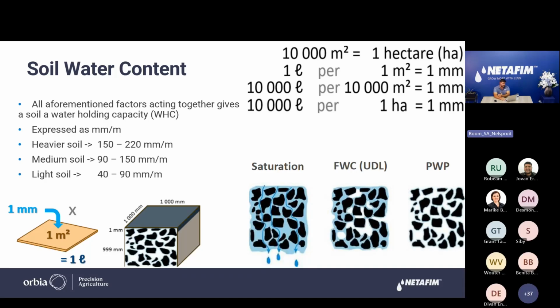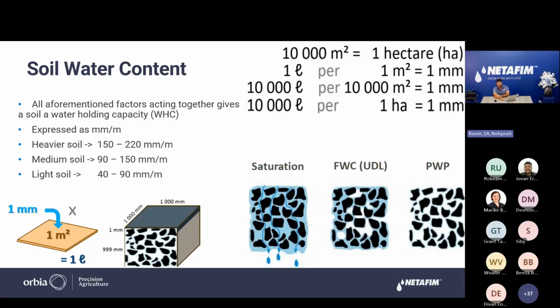So if you take the same calculation and say 1 liter per square meter is 1 millimeter, then it is also true that 10,000 liters per 10,000 square meters is 1 millimeter. Thus, 10,000 liters per hectare is 1 millimeter.